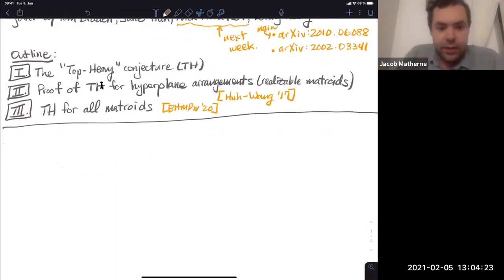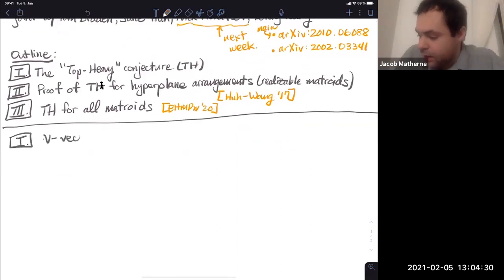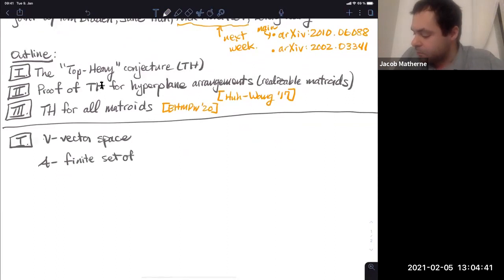So let's start. Part one: I'm going to start with a vector space. I don't care about what field it's over. And A is going to be a finite set of hyperplanes inside of this vector space, with the property that the intersection of all of them is the origin.